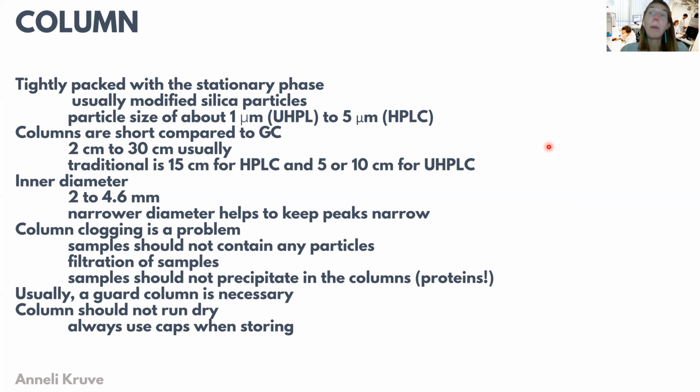We don't have any capillary columns in HPLC, and this comes simply from the fact that the resistance to mass transfer inside the mobile phase would become too large in case of liquid chromatography. Simply the mass transfer in the liquids that are used as the mobile phases is much slower than the mass transfer in the gases that are used in gas chromatography, where we can use capillary columns.